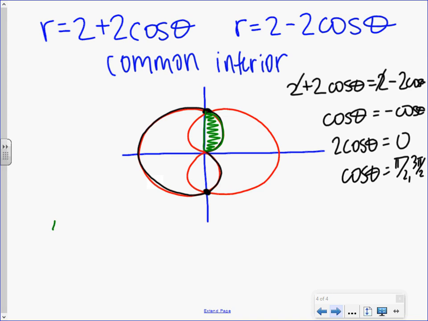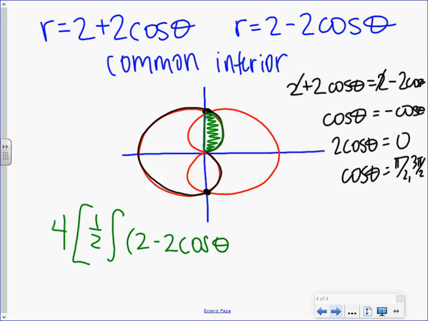So we can just say 4 times. We could do either limits of integration. That'll be from 0 to pi over 2. Can you do that? Yeah, as long as you don't do 0 to 2 pi.